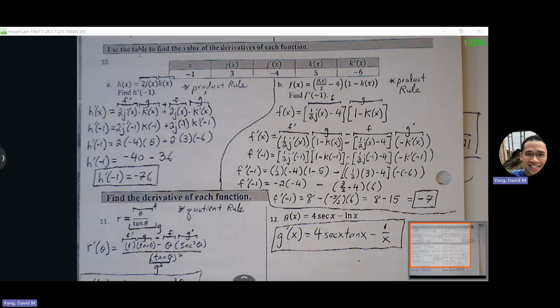I think you would still do subtraction there, because it's like 3/2 minus 4, which gives you a negative. So you would still end up with the same.